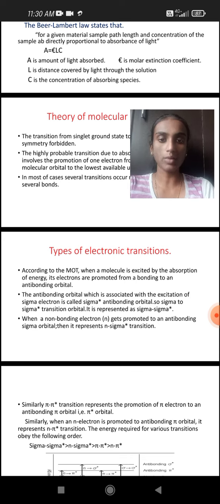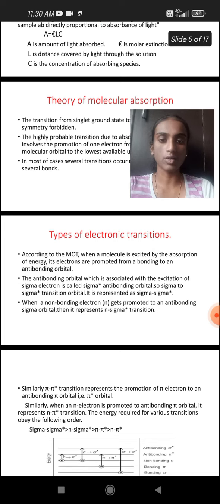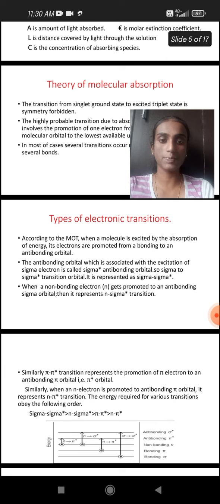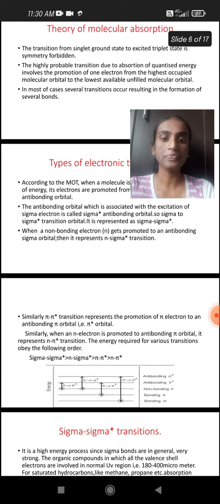The antibonding orbital associated with the excitation of a sigma electron is called sigma star antibonding orbital, so the sigma to sigma transition is represented as sigma to sigma star. When a non-bonding electron n gets promoted to an antibonding sigma orbital, it is represented as n to sigma star transition.